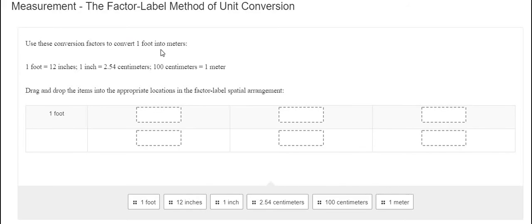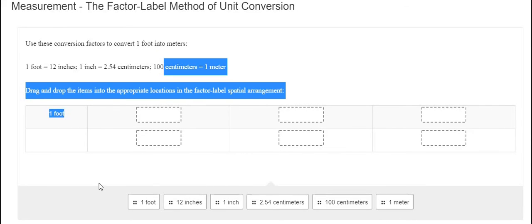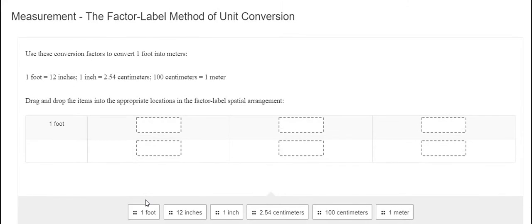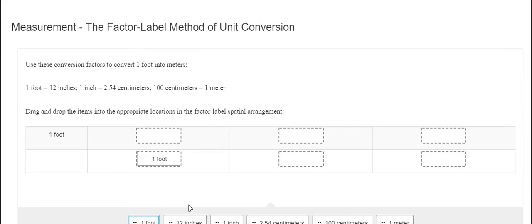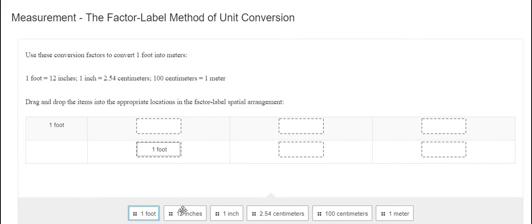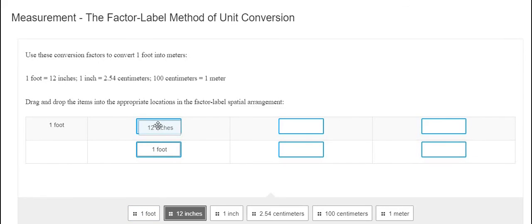Okay, here we are converting 1 foot into meters. So first we're going to convert 1 foot into 12 inches. So that way the feet will cancel.